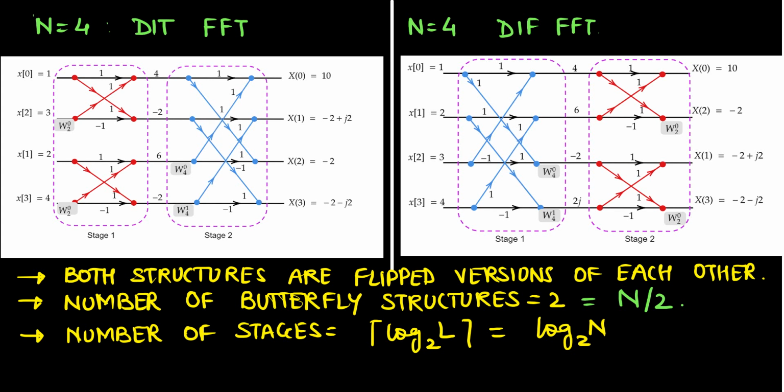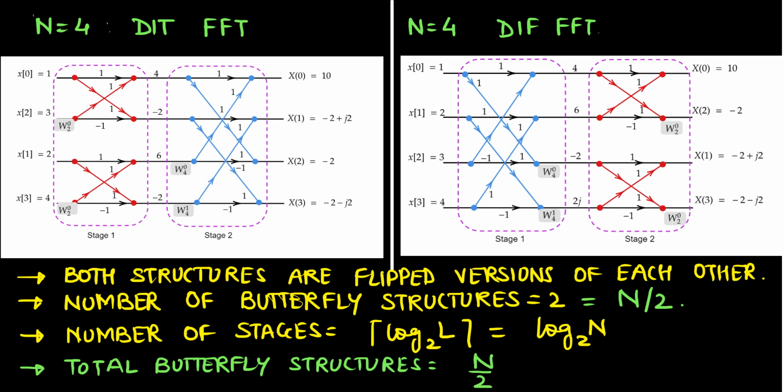The number of butterfly structures in each stage is N by 2, and the number of stages is log N to the base 2. So the total number of butterfly structures is given by N by 2 times the number of stages, that is log N to the base 2.